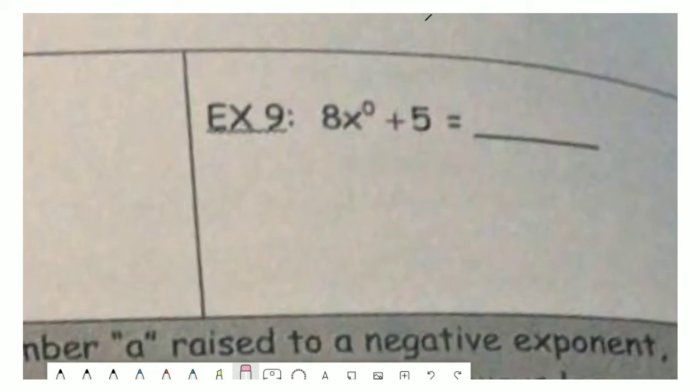Let me take a picture. Let me take that parenthesis off. It's not there. So no parentheses, just the variable and exponent that you see here.